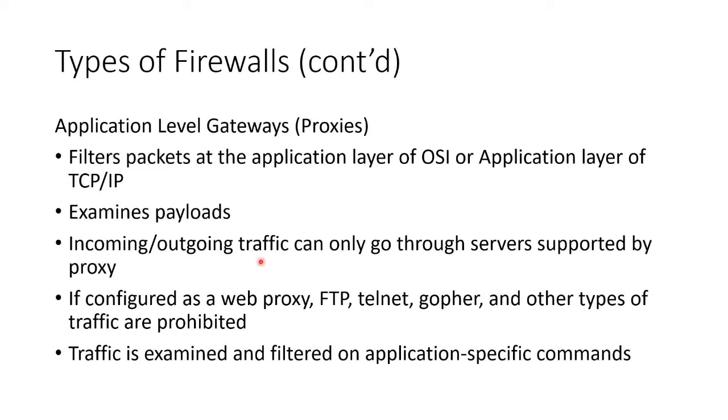Like there's one for HTTP, one for FTP, one for Telnet, one for Gopher, or whatever. If you don't have a service that supports that proxy, then it either is not going to allow the traffic or it's just going to route it with just some basic packet filtering. So the traffic is examined and filtered on application-specific commands. In other words, what is inside the packet? What is the actual data payload?